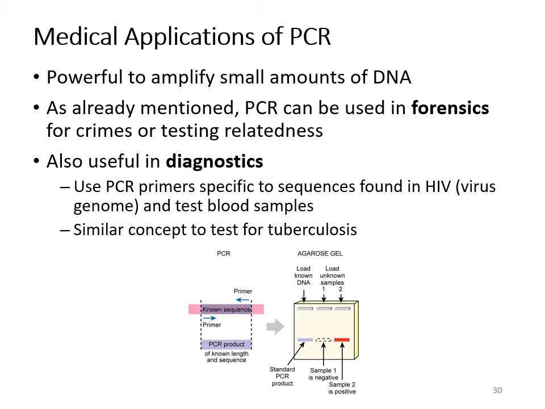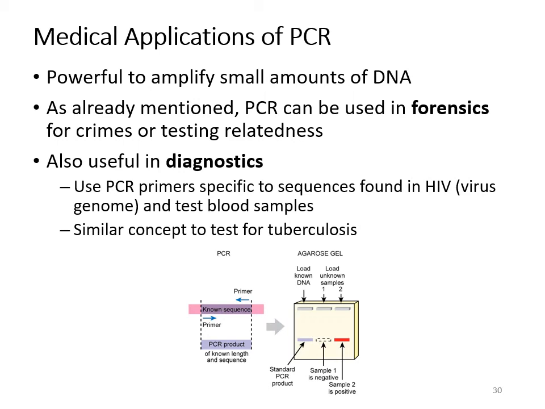Now, if that patient's not infected, the primers won't find anything. They won't have anything to bind to. There won't be any amplification, and you won't see any band on the final gel. They do this for a lot of different infections, and they even look at mutated genes like BRCA1 for breast cancer.